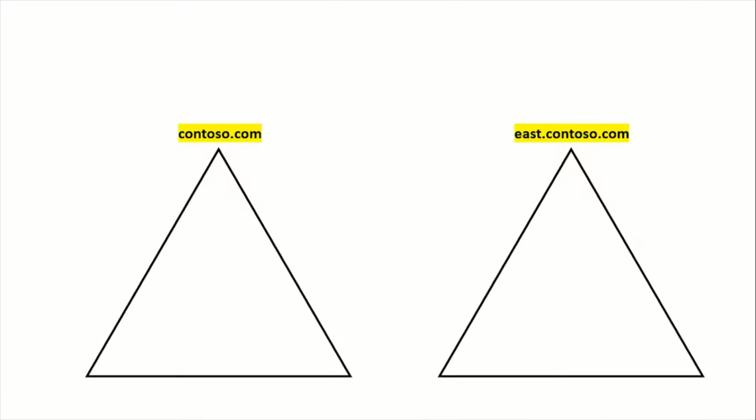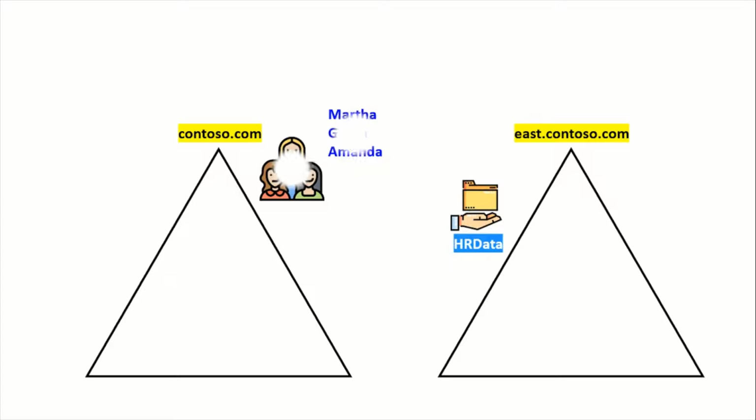So let us take an example of global scope. Let's say we have two domains, contoso.com and east.contoso.com. Now we have a shared folder HR data in east.contoso.com, and there are three users, Martha, Gloria and Amanda, who want to access this HR data folder which is in east.contoso.com.